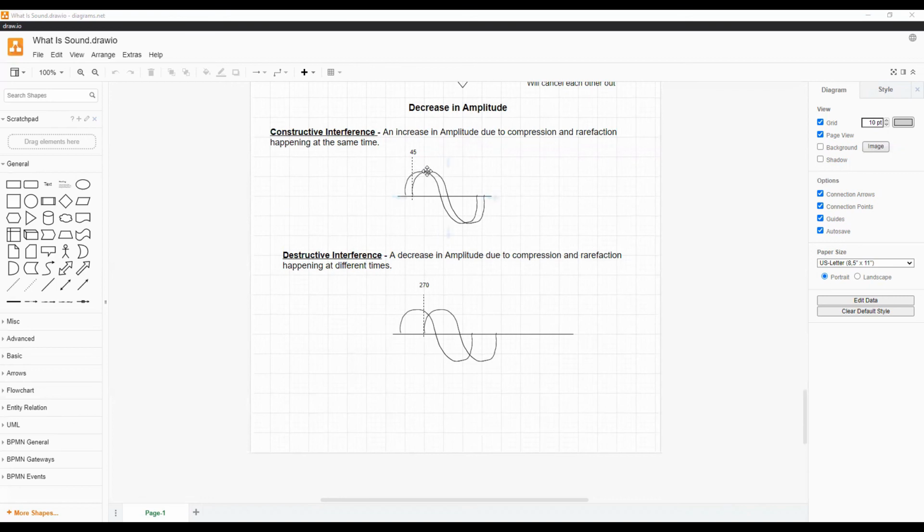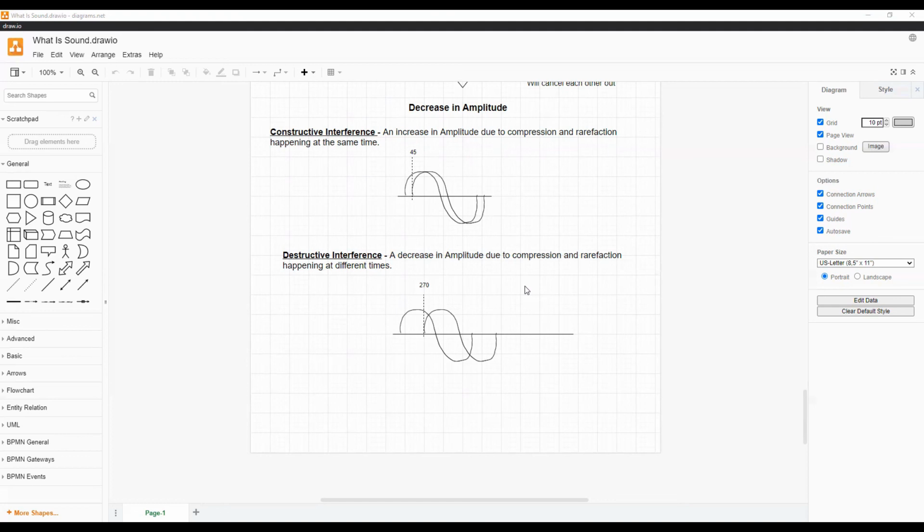But their amplitude is going to increase because the compression right here and rarefaction right here are happening at the same time.